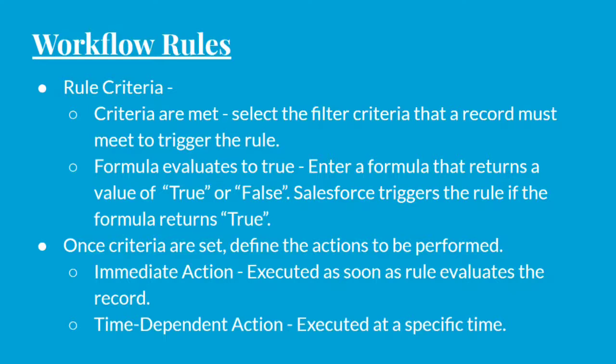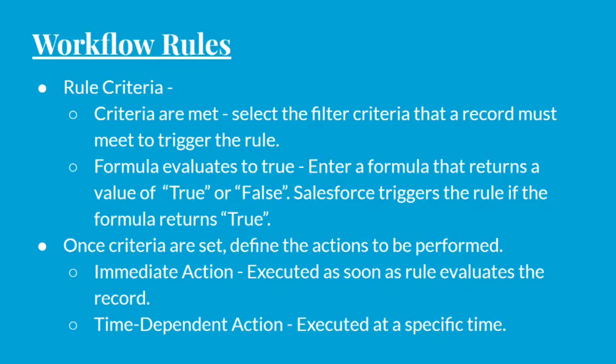And there is another option where you can use the formula under the rule criteria, where when the formula evaluates to true, then only it will trigger the rule. If it returns false, it will not run the rule. So after checking with evaluation criteria, it will come to rule criteria. And then there are two options under rule criteria.